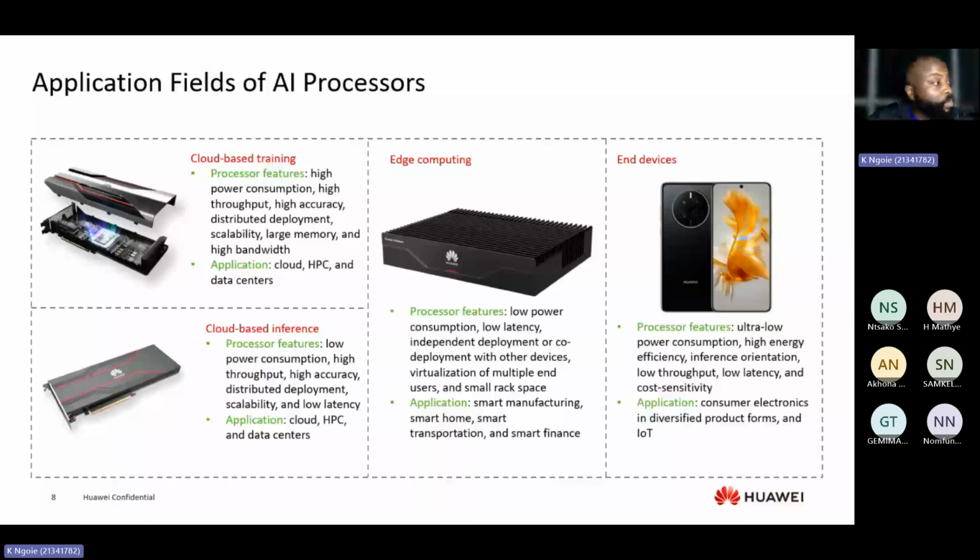I can't confirm that the screen is frozen. Yes, we can hear you. Okay, perfect. So the input weight is the weight that will be assigned to the input features. That means on the input layer, you have the input features that will receive a certain weight, a certain value that shows how important that feature is in terms of the model prediction.